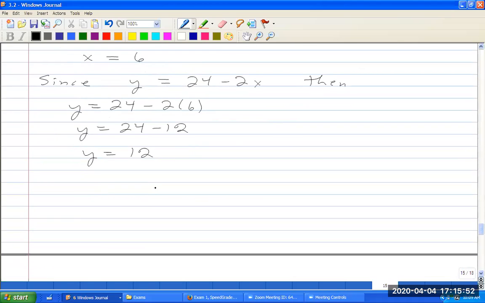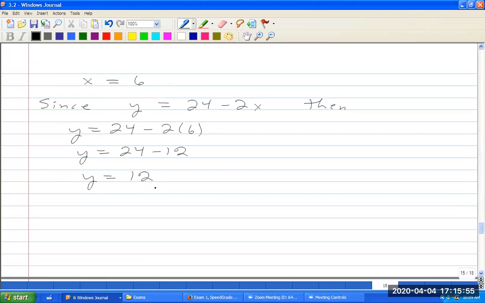So the dimensions will be 6 inches by 12 inches. That will be the dimension of the trough that will maximize the flow. So it's a 6 by 12, and then on the other side, another 6 inches.